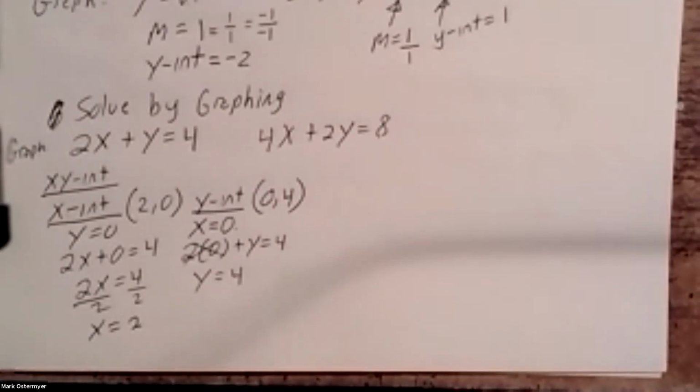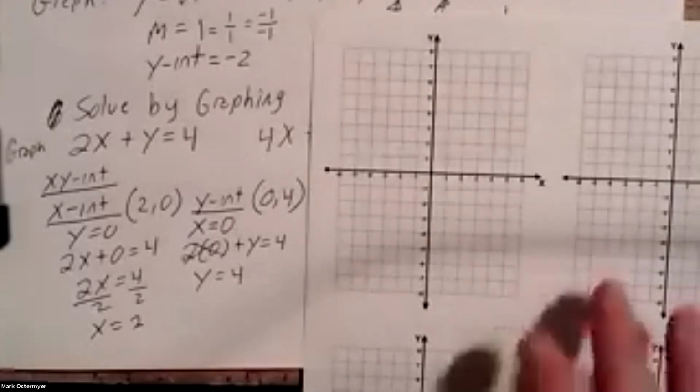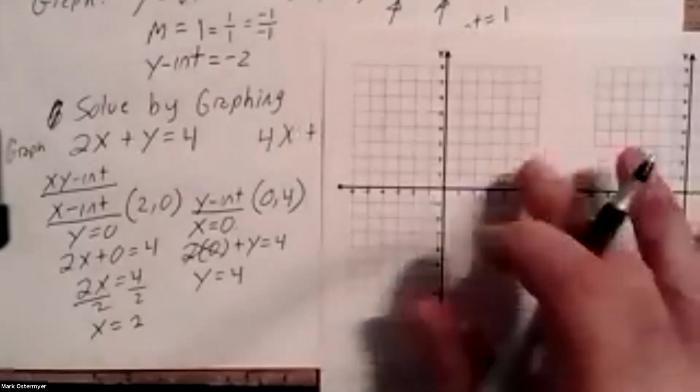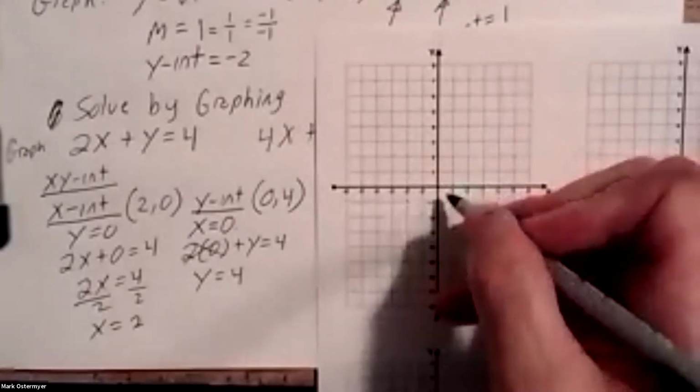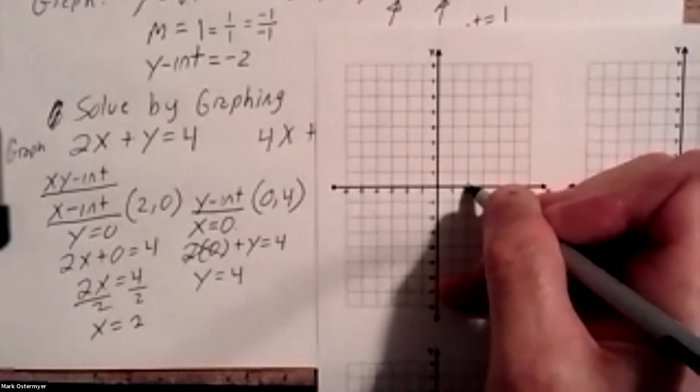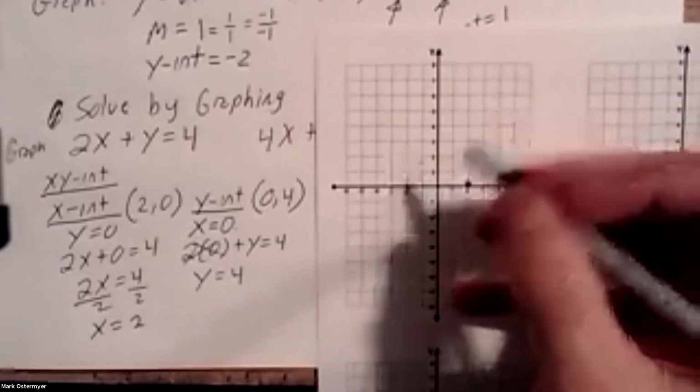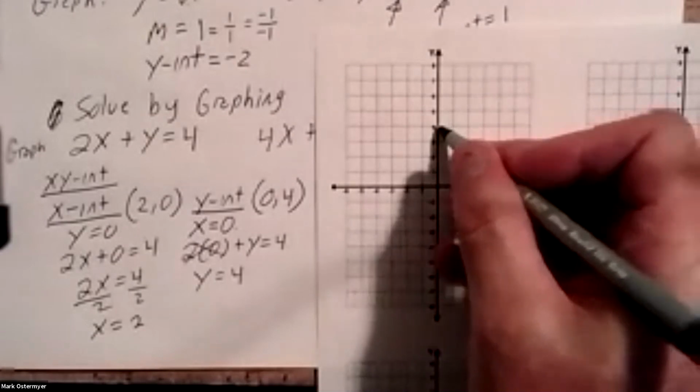Take a piece of graphing paper now and let's plot the x and y-intercepts. And let's see what the graph of that first equation would be. So plotting the x-intercept, which is (2, 0), 1, 2. And the y-intercept is (0, 4), 1, 2, 3, 4.